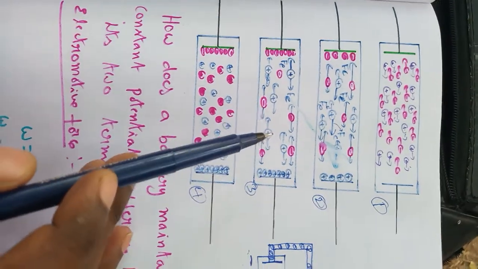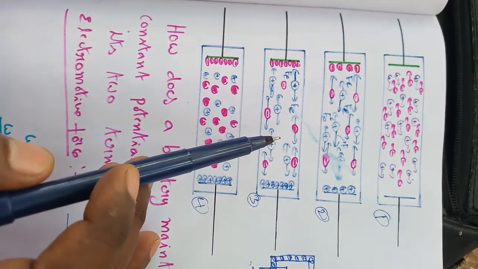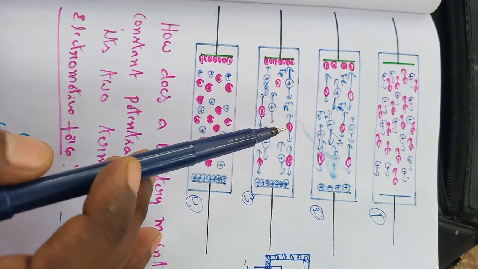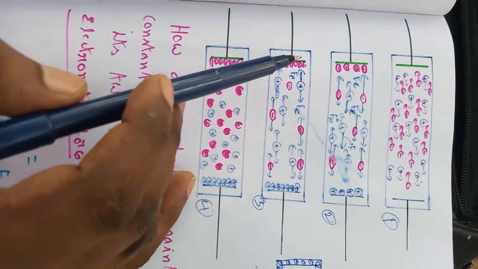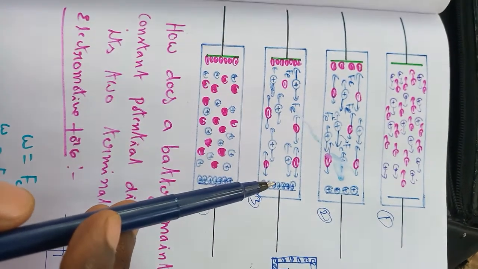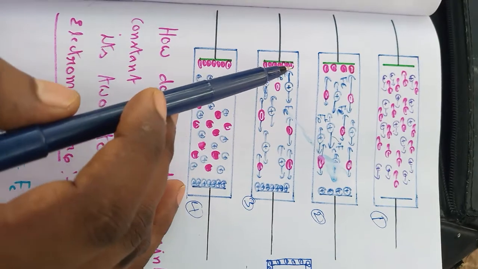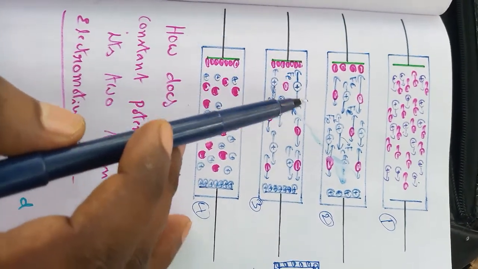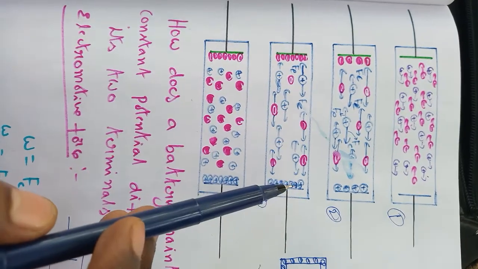Now see diagram 3. In this diagram, sufficient ions have accumulated on their respective plates.